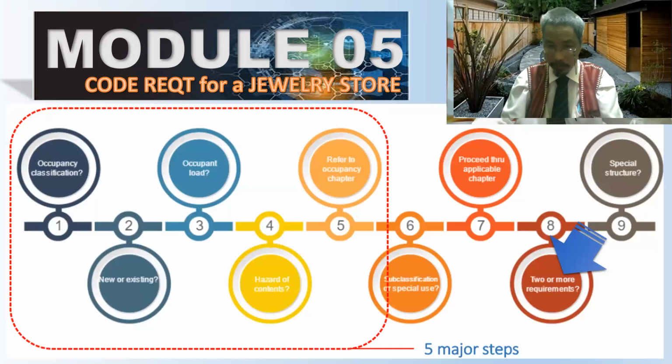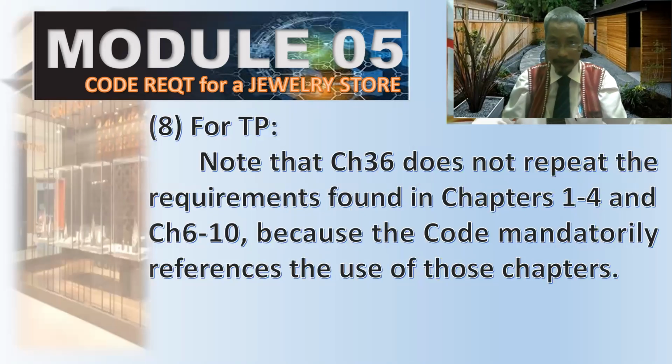And take a look at step number 8. Does our application have 2 or more occupancy types? We will decide who will take precedence.